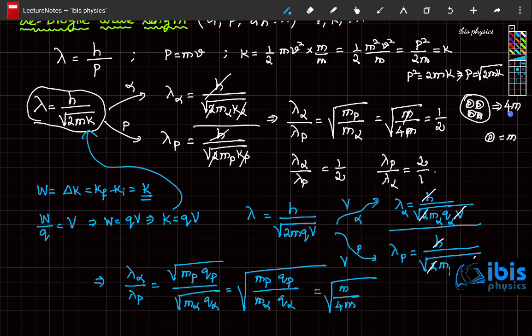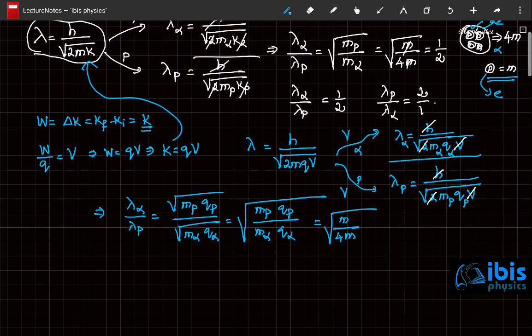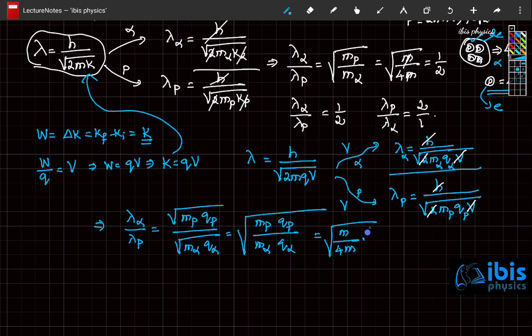See, 2 protons and 2 neutrons combine to form an alpha particle, whereas this is only 1 proton. So if it is m, this is 4m. But here the proton has 1 electronic charge, whereas the alpha particle has proton and proton, so 2 times the electronic charge. Hence if the charge of the proton is e, the charge of the alpha particle is 2e. Cancelling the common terms, m and m will be cancelled, e and e will be cancelled.